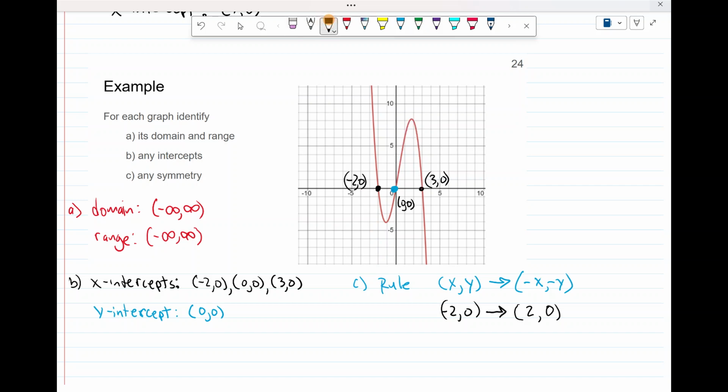So it's not a reflection over the x-axis, it's not a reflection over the y-axis, and it's also not symmetric about the origin. There is no symmetry. And so sometimes you have to be careful, and sometimes it's smart to double check your work using the rules that we learned for different types of symmetry.